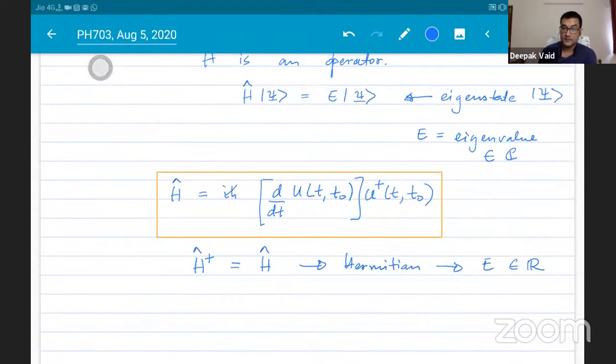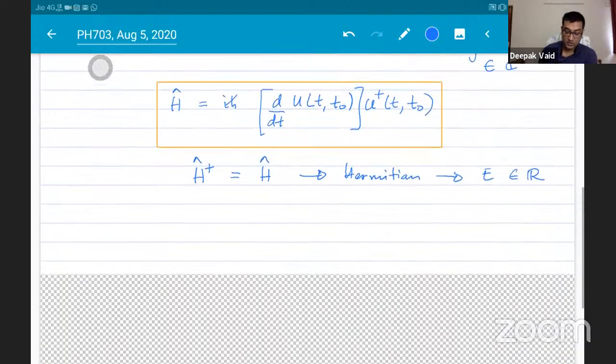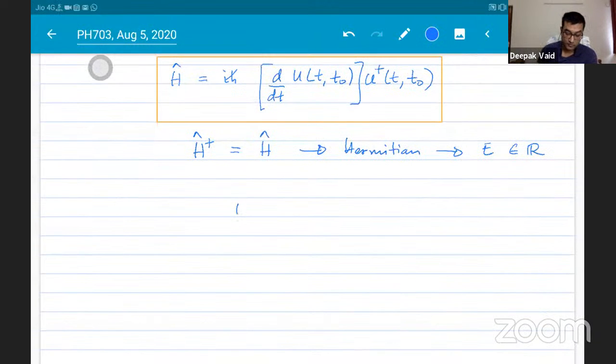All right. So what if we have a state like this? This is an eigenstate. Now I'm putting a label E on the state psi to indicate that it is the eigenstate corresponding to the eigenvalue E. What is this E?